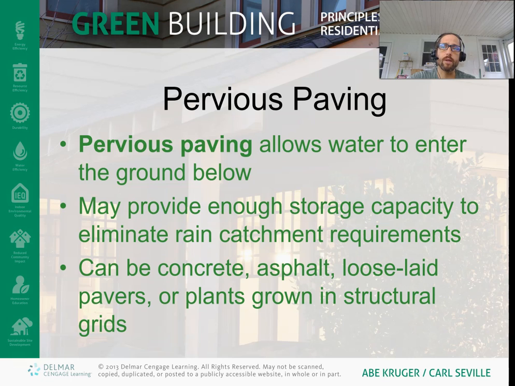A really innovative and interesting application is pervious paving. Pervious paving allows water to actually soak through it. There's a couple of videos in here that show you some of this. It's pretty fascinating. They can make this with asphalt and concrete, where the water actually drains through the material.